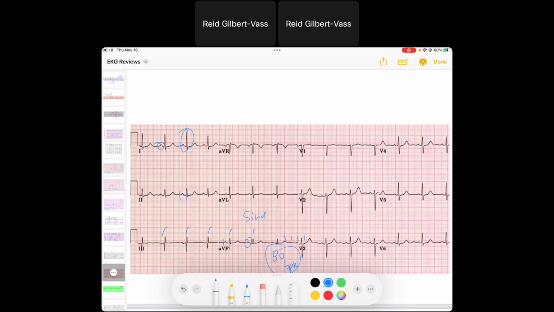We've got narrow QRSs that are upright in one, upright in AVF. So we know there's a normal axis. We have normal QT intervals. We've got normal R wave progression throughout, and no ST or T wave abnormalities. So we have this one Q wave in lead 3, but I wouldn't worry about that because the rest of the inferior leads look good. And so this is just a normal sinus rhythm.